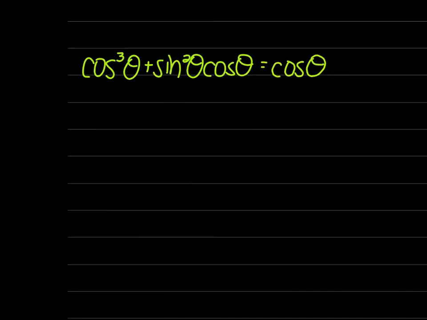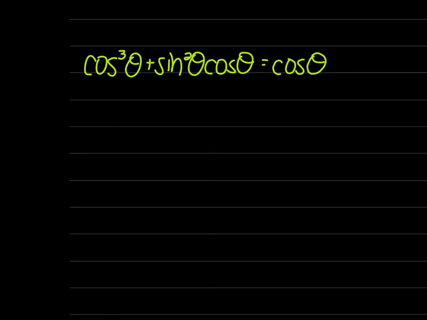Okay, how about this one? Cosine to the third plus sine squared times cosine equals cosine. What would you do? Janet. Move the cosine over? Okay. Like that?